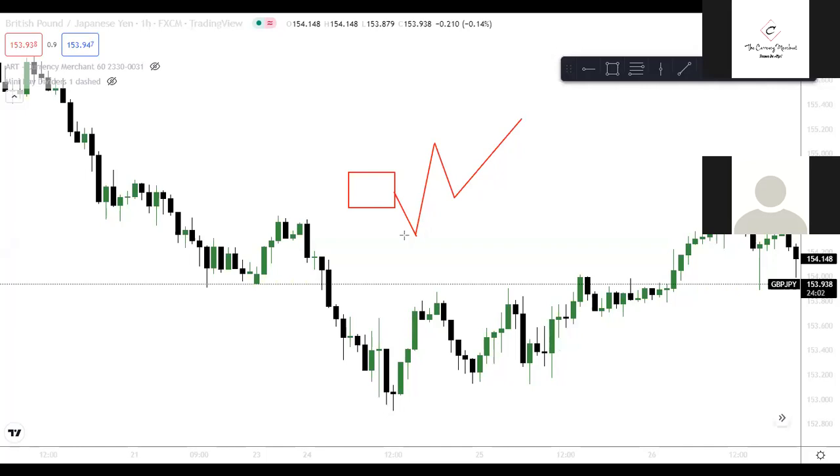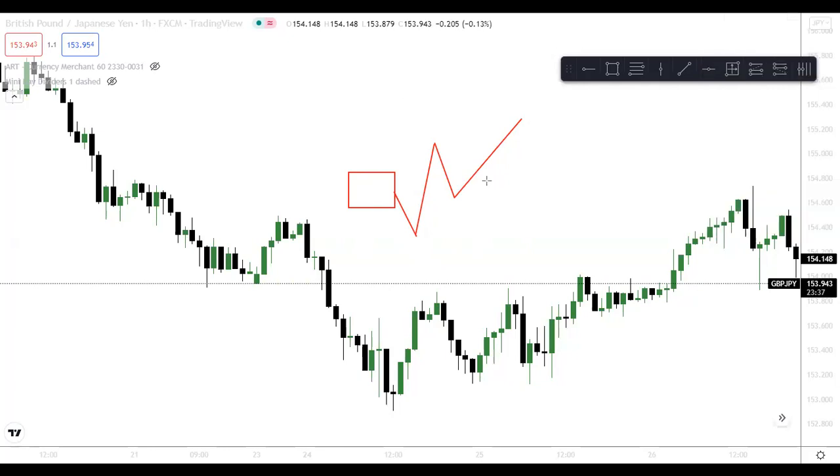If we look at it in that light, this becomes a reversal model. If you look at it in the context that this leg down is a stop hunt, this is a breaking market structure, this is a RTO, this entire entry model becomes a reversal trading model, if you want to put it like that. All right?